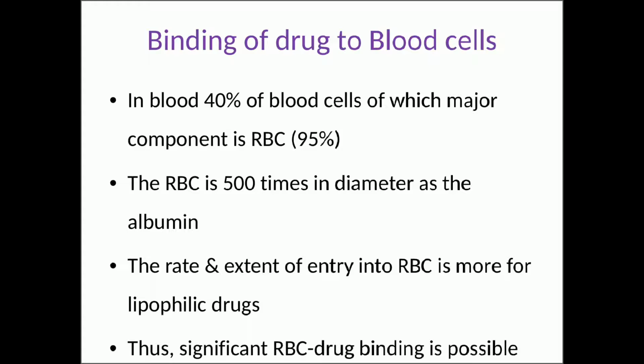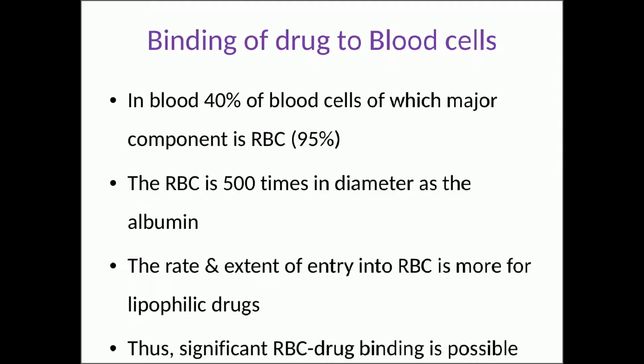Next, we have binding of drug to blood cells. In blood, 40% is blood cells, of which the major component is RBC, that is red blood cell, which comprises 95%. The RBC is 500 times the diameter of albumin.